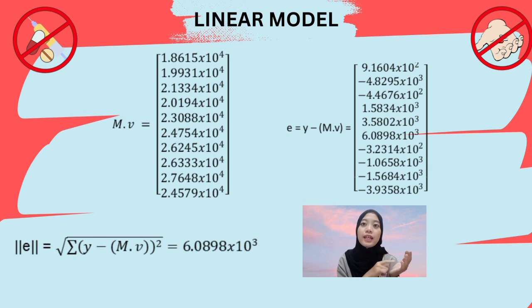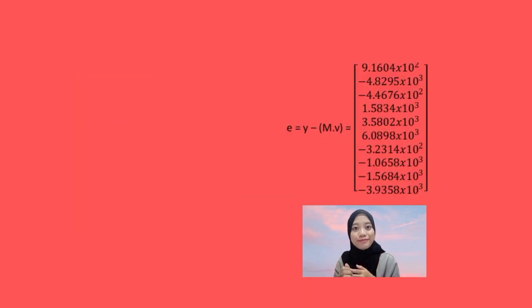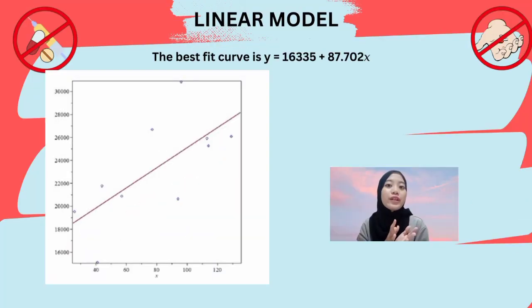Finally, we can make a graph of the best fit curve. The y-axis is the number of drug addicts, and the x-axis is degree students. This is the graph of the best fit curve for the linear model.